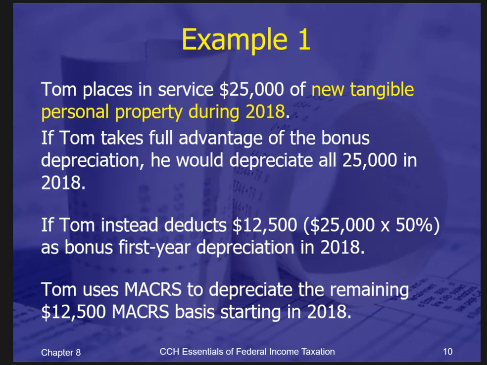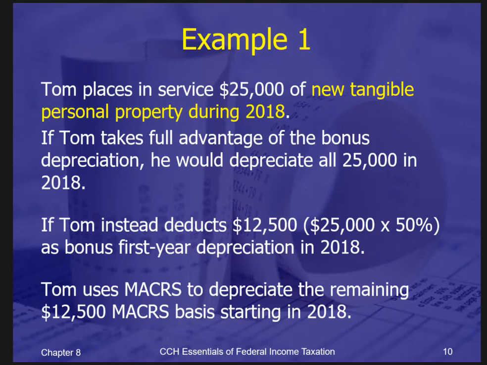Example here, if we take full advantage of the bonus depreciation, we depreciate all $25,000 of this tangible personal property in 2018. If he decided to not take advantage of the full thing, just only took 50%, perhaps his income for this year is not as high as he would like, then you would use the MACRS to depreciate the rest.